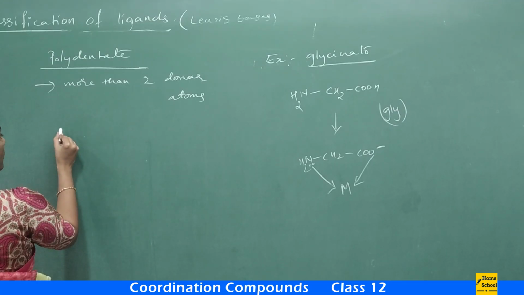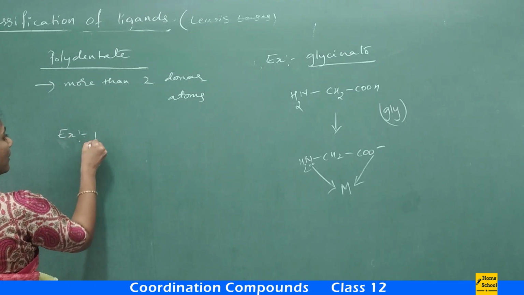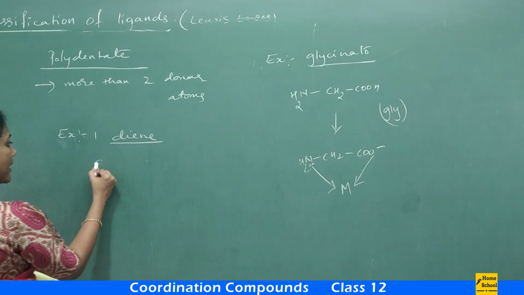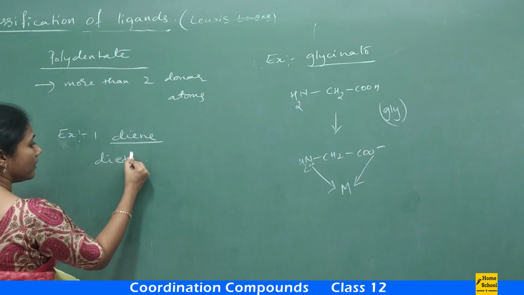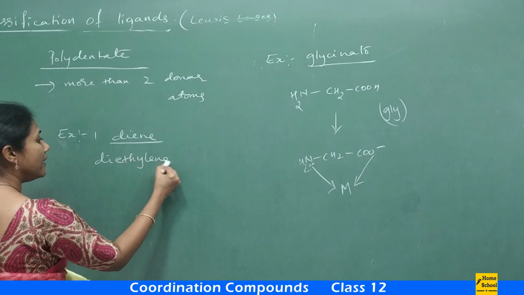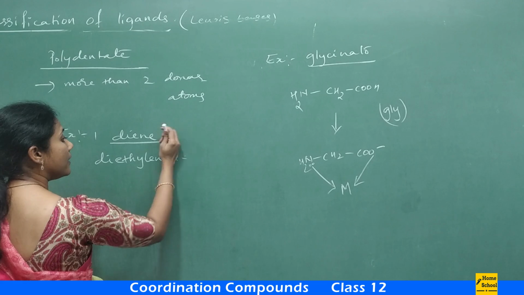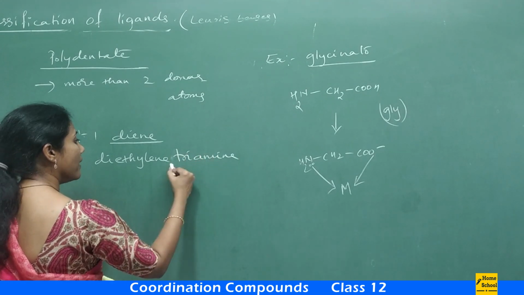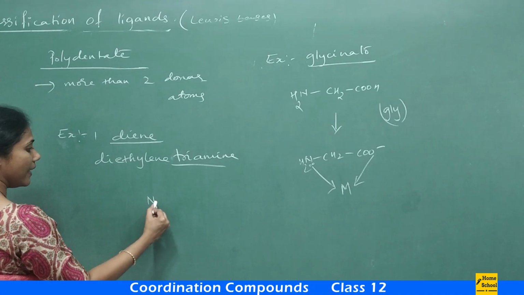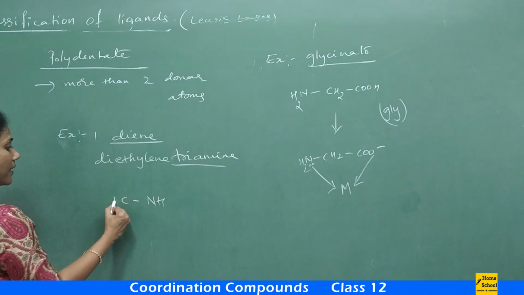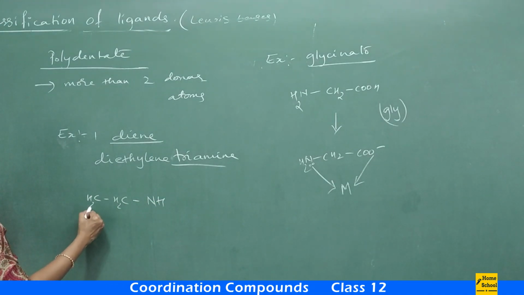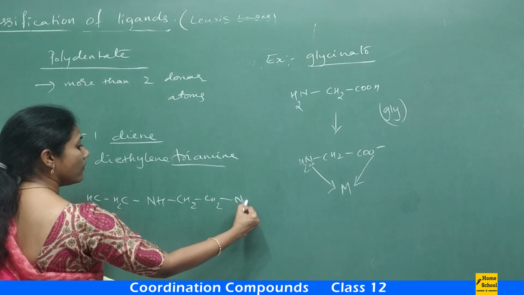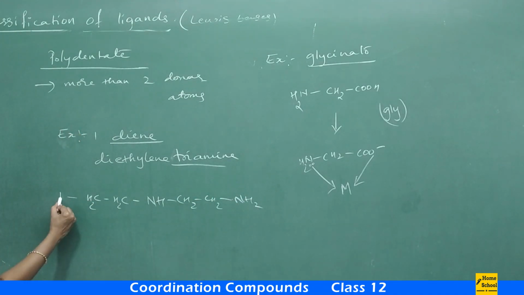diene. Example 1 I am giving you is diene, in the sense diethylenetriamine. You can write it like this: NHCH2, ethylene groups, 2 groups are there, CH2, and corner 1 amine group, NH2.